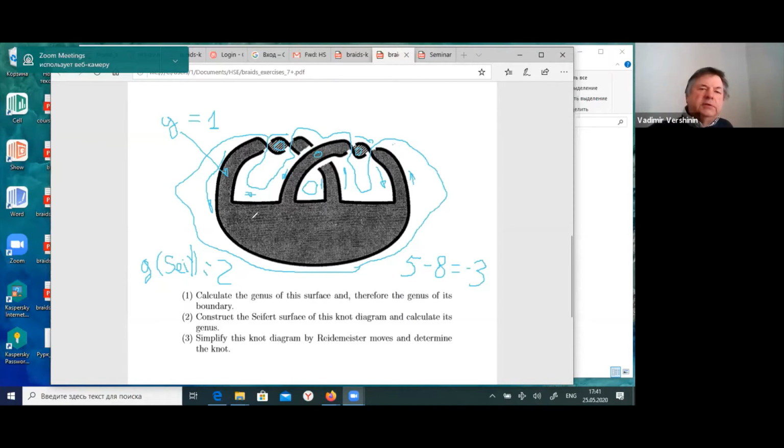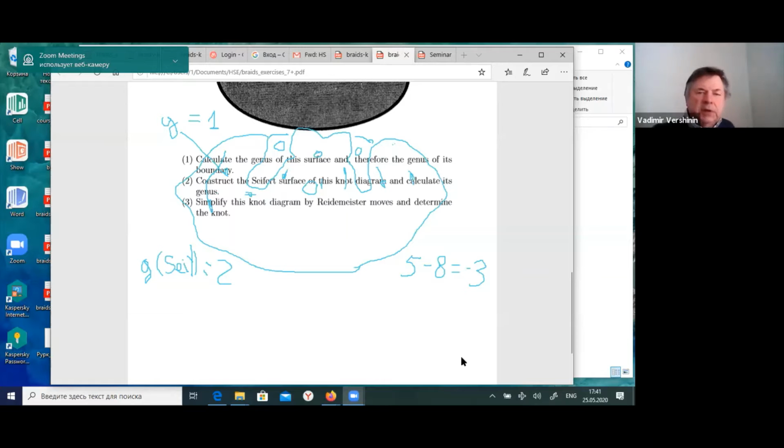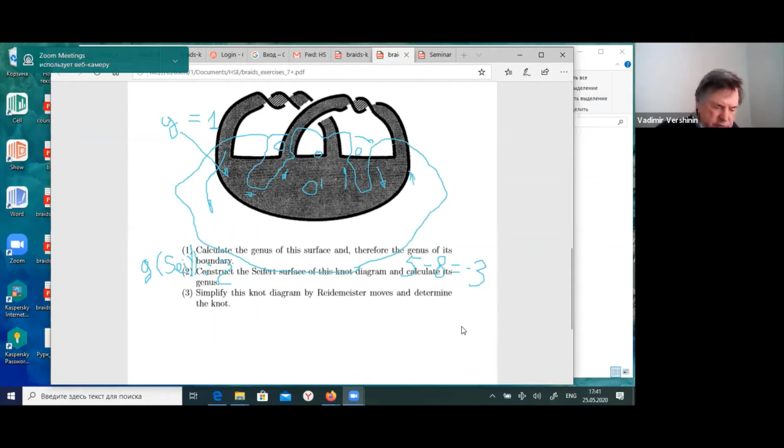Let us now see concretely why. We can make this now. Let us be sure. Let us simplify this knot by Reidemeister moves to our beautiful trefoil.